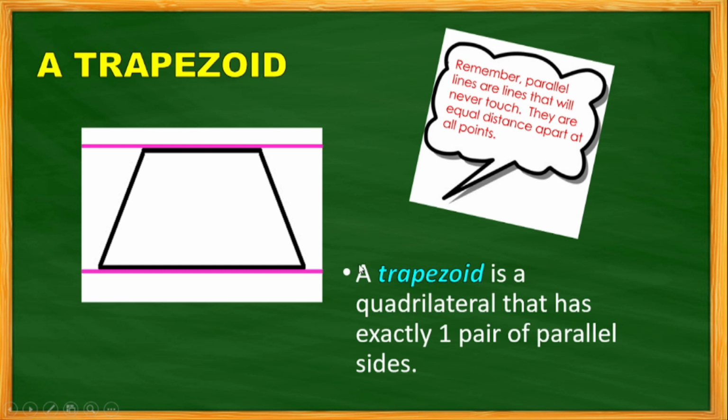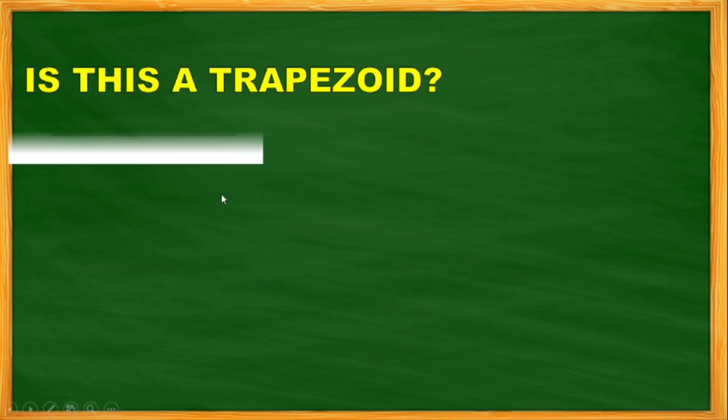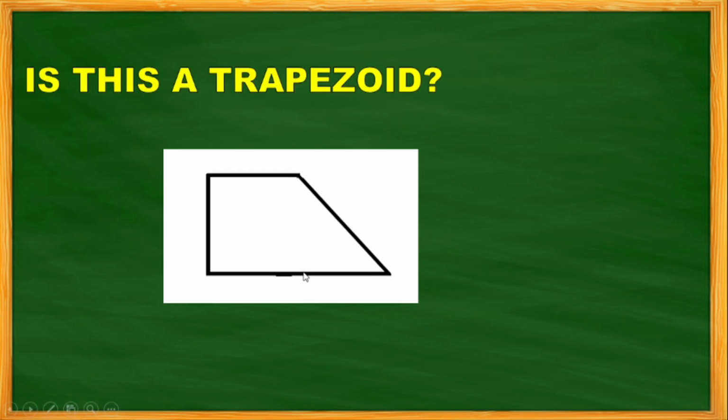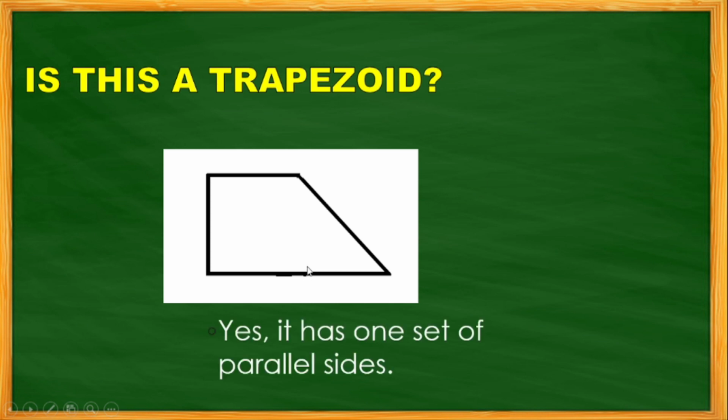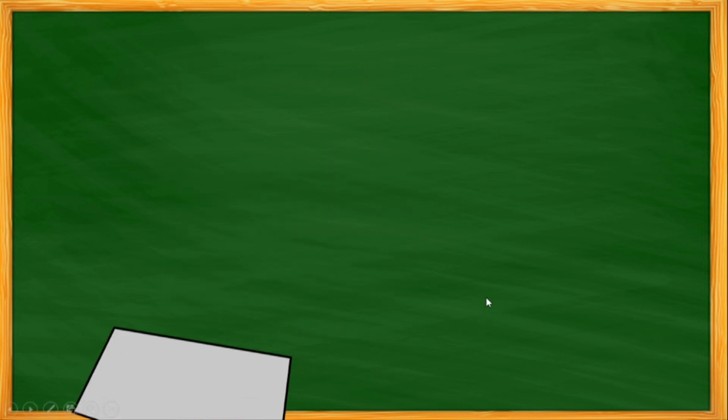So this would be a trapezoid. So is this a trapezoid? Yes, it has a set of parallel sides. This would be the parallel side and this would be the parallel side. So one pair of parallel sides. So we can say this figure is a trapezoid.